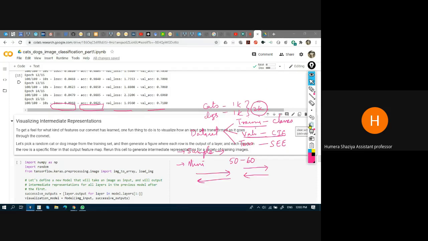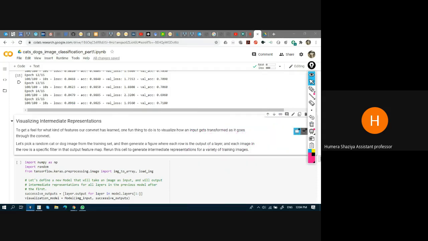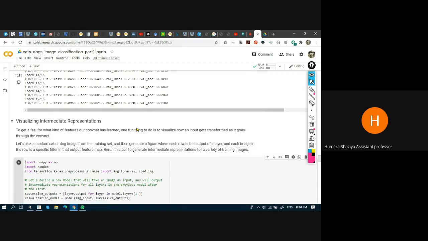Again, I am just showcasing this to give you a feel, so that you get an idea. Okay, finally you got 98% accuracy on training data and 71% accuracy on validation data. Means all classes are happening properly, but in internal exams students are not scoring well. That is the meaning.